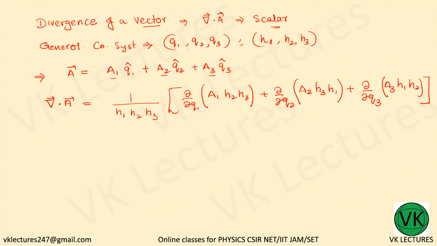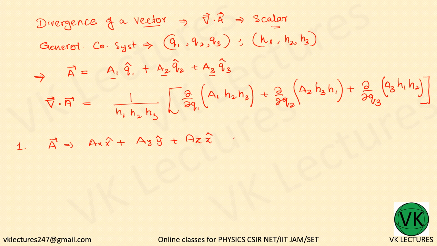Now let us see for the first question, number 1, for Cartesian coordinate system. Vector A is given as ax x cap plus ay y cap plus az z cap.